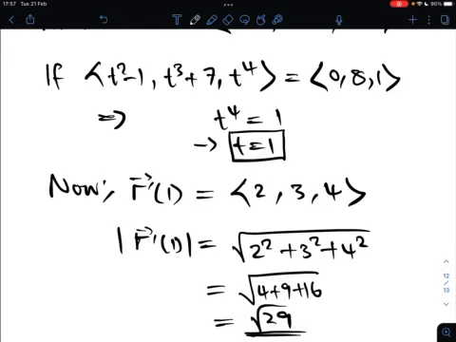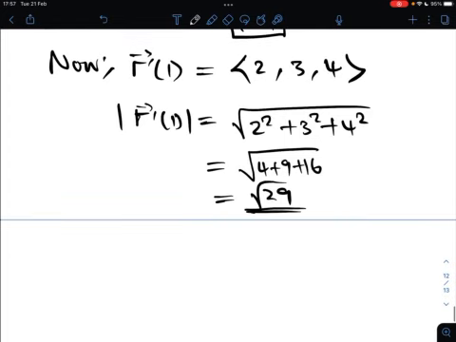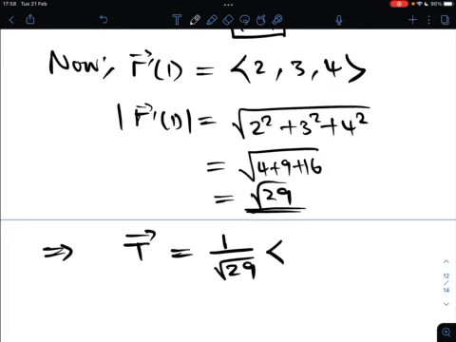So knowing this, our unit tangent vector T is just 1 over root 29 times (2, 3, 4).